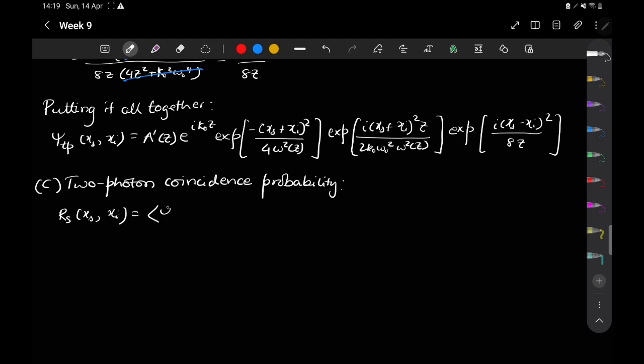So this is already given to us. This is the definition.